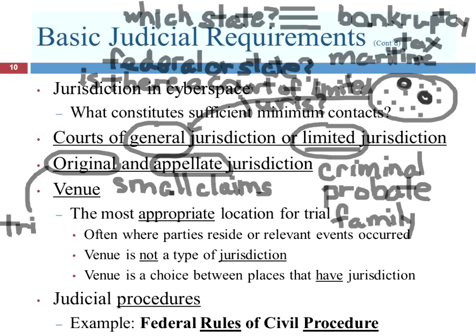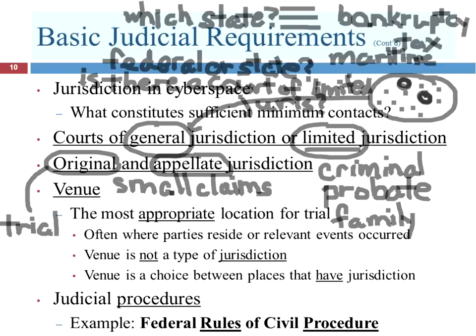This is where you go first. A court of appellate jurisdiction is, of course, an appellate court. This is where you go after you've lost at trial and you want to get that verdict overturned. So if I file my original lawsuit in the Texas Court of Appeals, well, they'll say, no, we don't hear those cases except after the trial court has decided it. So you filed in the wrong place.